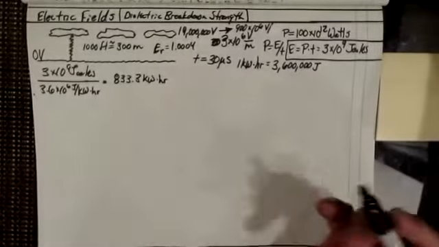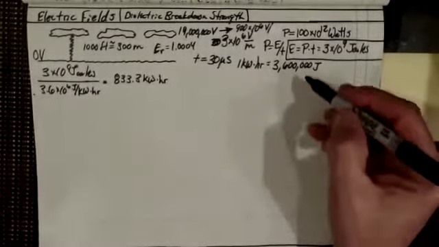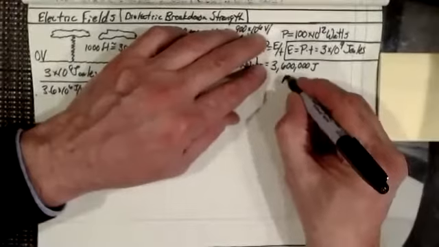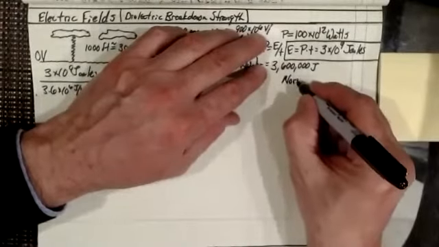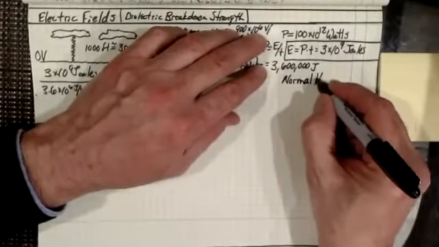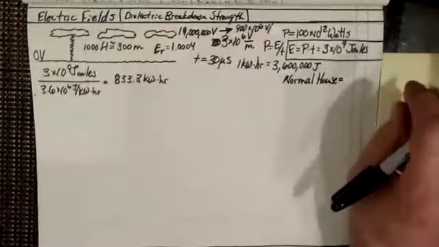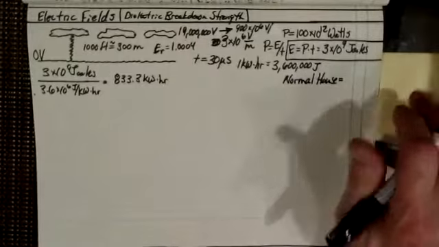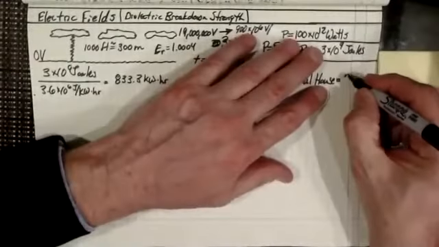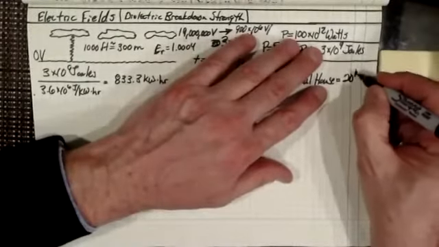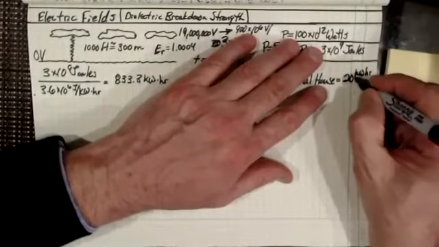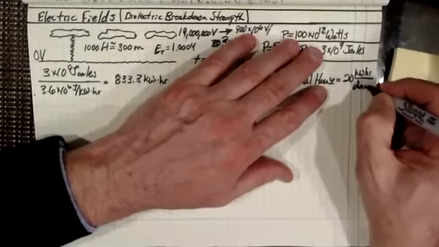How much is a kilowatt hour? Well, the normal family house that you live in uses about 20 kilowatt hours per day.